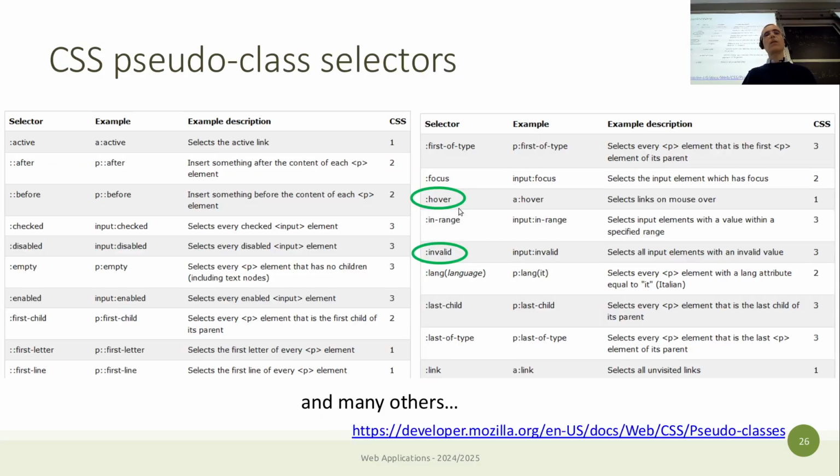Okay, pseudo class selectors we saw before. There are many. Again, I just highlighted a couple of them, to tell you these are probably the most used ones in case you need to use them. Okay, hover, the mouse is over, not just for the links, they work for everything that supports the hover event. Invalid, sometimes it's useful because in forms, elements can be invalid, like you typed something wrong.